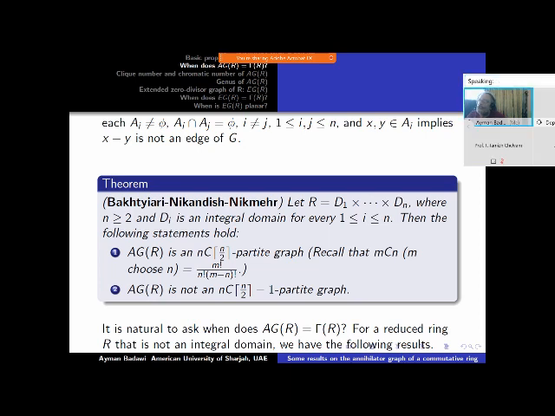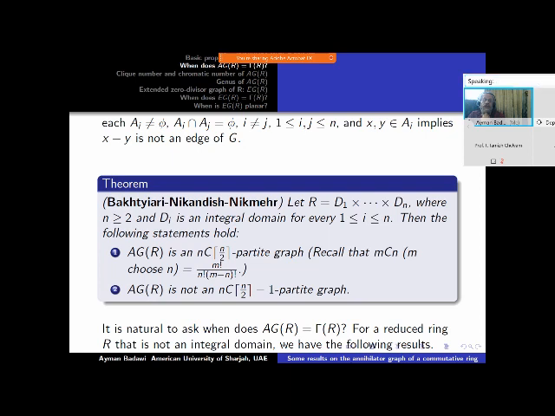So what do I mean by a three-partite graph? That means my set of vertices can be divided into three sets, A, B, C, where every two vertices in A are not connected by an edge, every two vertices in B are not connected by an edge, every two vertices in C are not connected by an edge, and so on. So the Iranian mathematicians proved this nice result.